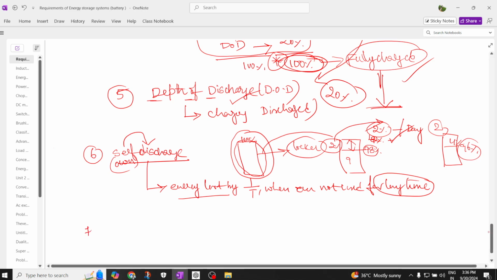And the next important parameter is the life cycle of a battery.